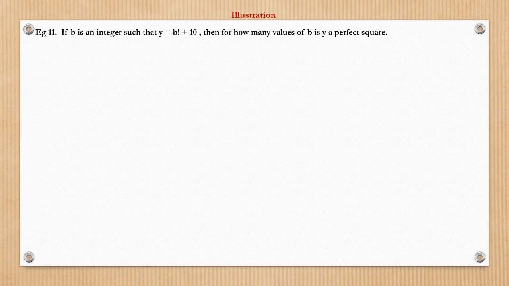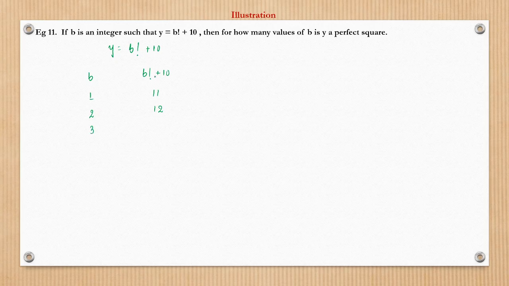Now let us see this question. This is also an interesting one, where it says y is equal to b factorial plus 10. Then for how many values of b is y a perfect square? Let us see, if I just try to put different values here. If b is 1, it will be 1 factorial plus 10, which is 11. If b is 2, it will be 12, as 2 factorial is 2.